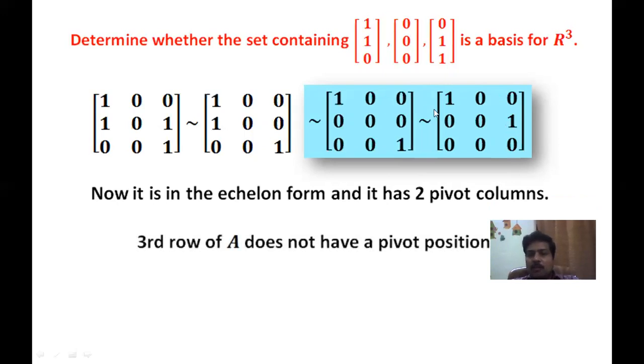The third row does not have a pivot position. So the columns cannot span R3.